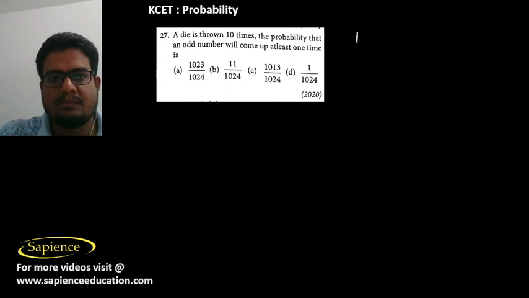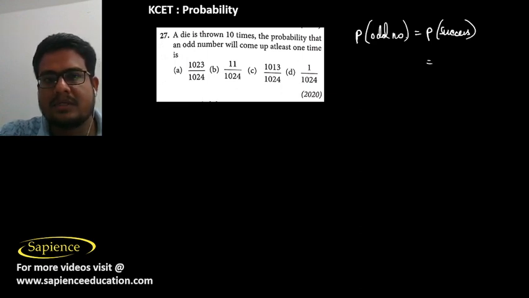So the probability of getting an odd number, let that be equal to the probability of success. So odd number means that are 1, 3 and 5.